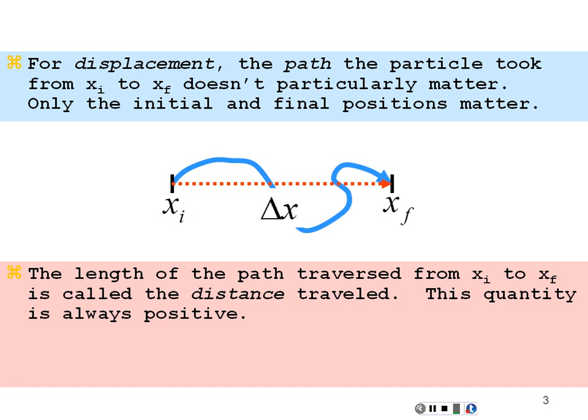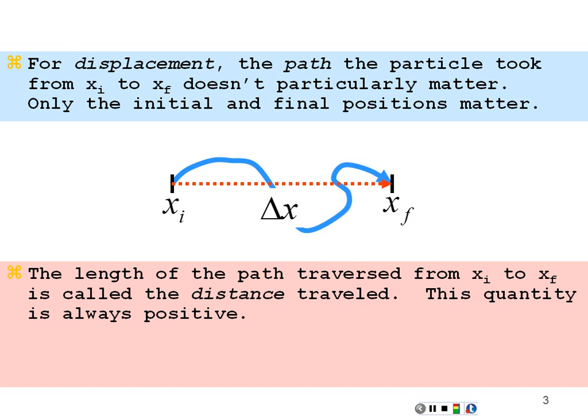So let's use an example. Let's say I start at position 0 and I move over to position 5 meters. My displacement would then be my final position 5 minus my initial position 0, and my distance traveled would be 5 meters as well. But let's say I start at 0 and I traverse to a position of negative 5.